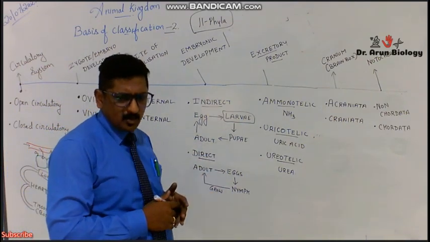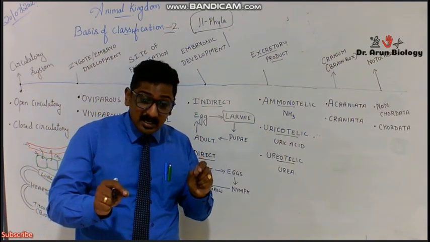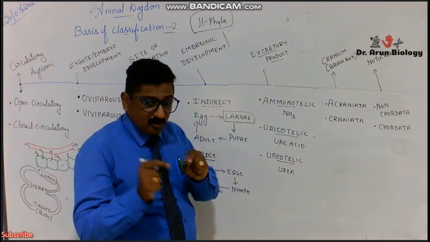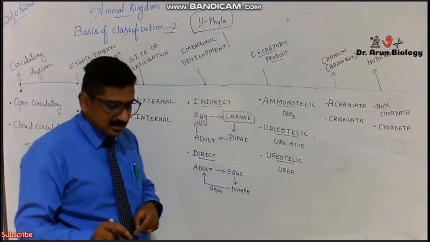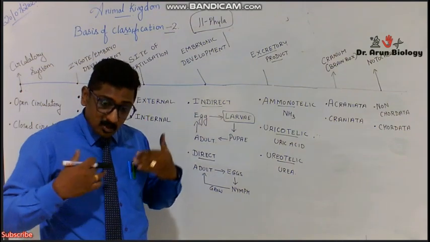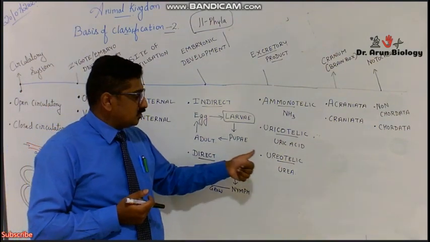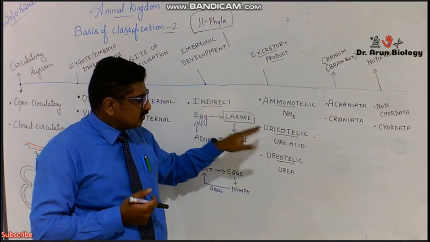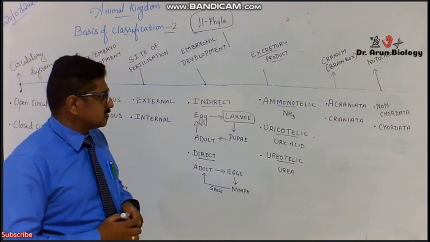Fishes are also ammonotelic. Uricotelic means excreting the waste in the form of uric acid, as in birds. If the excretory matter is urea, as in human beings, it is called ureotelic. Among these, uricotelic is the best water conservation method, occurring in birds.